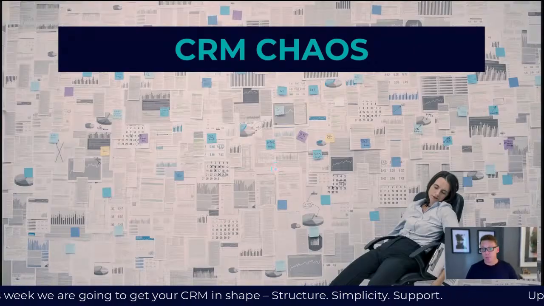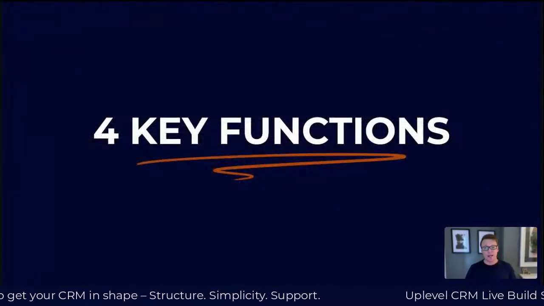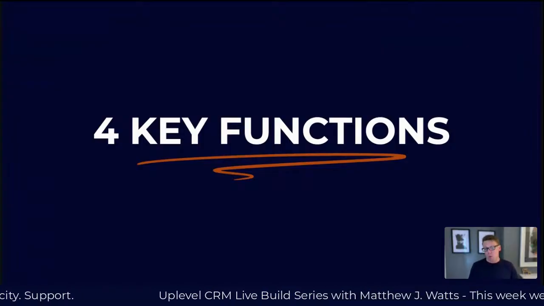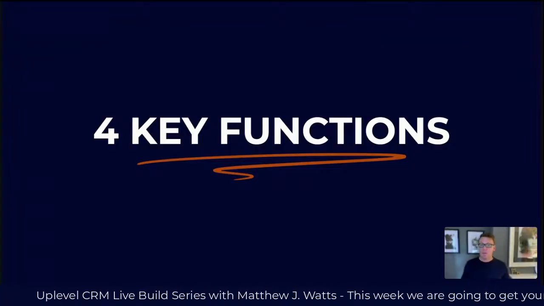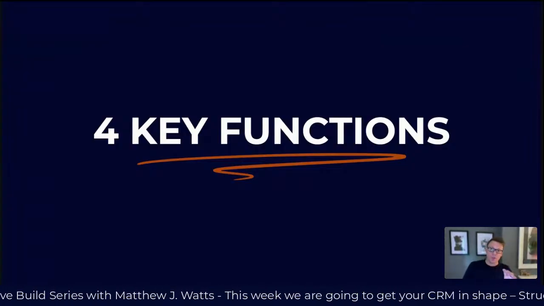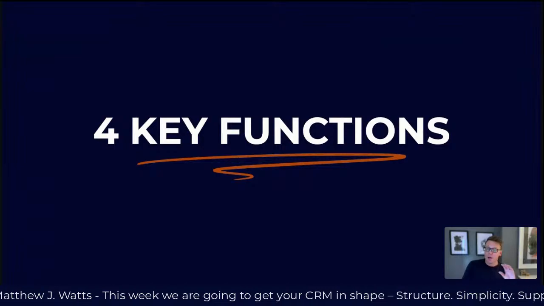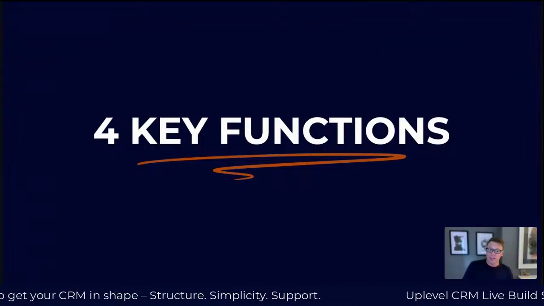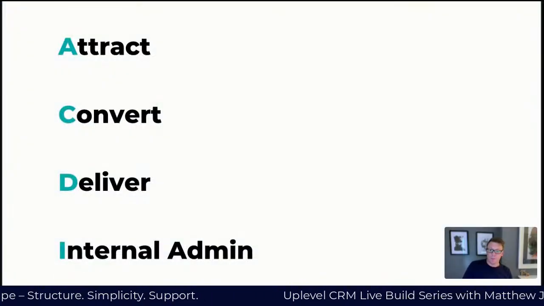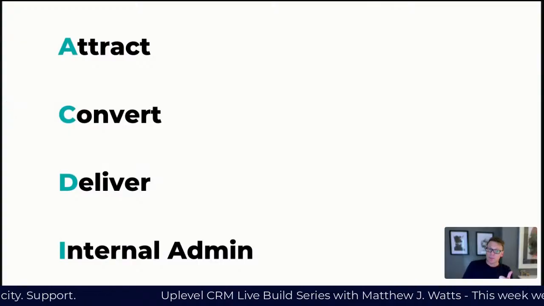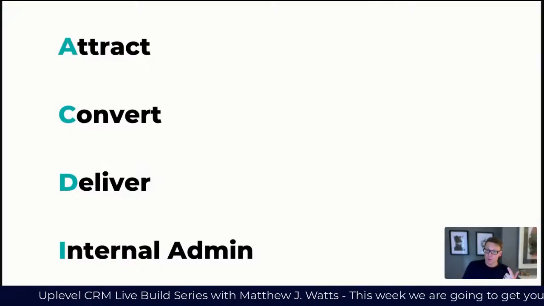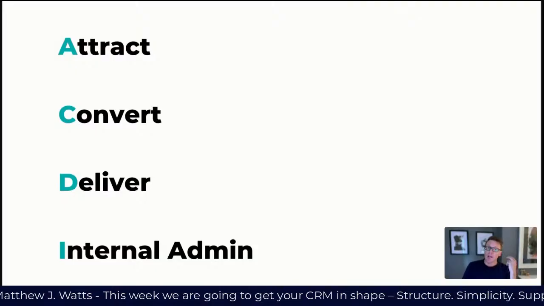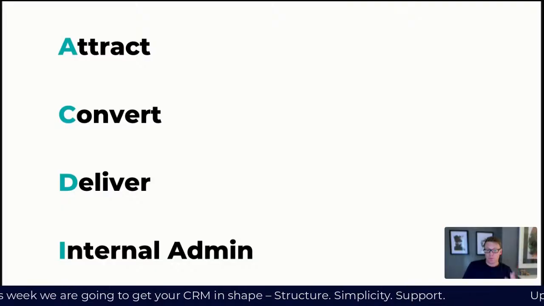And in order to overcome this chaos, we have to look at the 4 key functions of a business, essentially. And we then construct our CRM so that it reflects those 4 key functions. Now, what are they? They are how we attract new customers, how we convert new customers, how we deliver to existing customers, and internal administration.